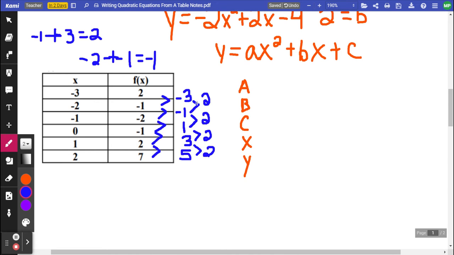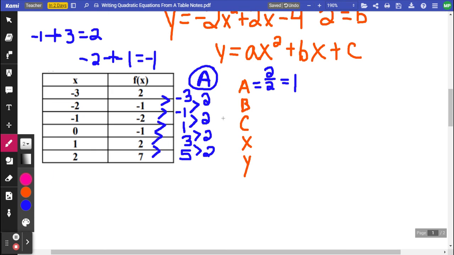Okay, so that's your second difference. This is going to be our A value. But what do we have to do to our A value? Divide it by 2. So it's 2 divided by 2, which gives us 1. So your A value is 1.